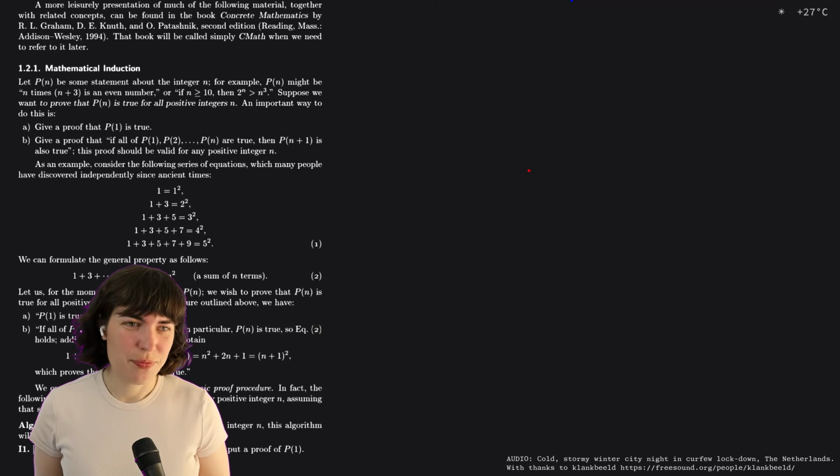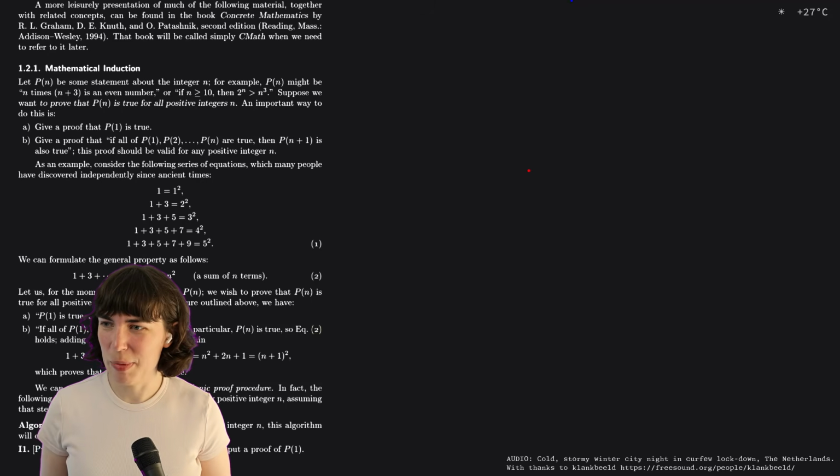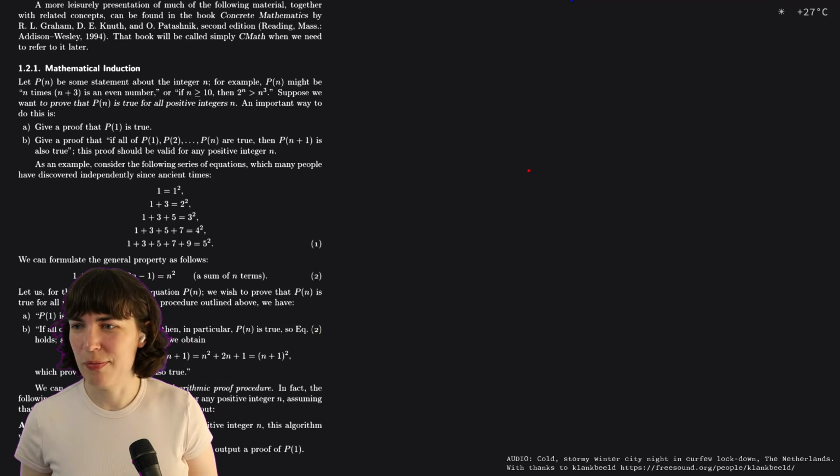Mathematical induction. Let P_n be some statement about the integer n. For example, P_n might be "n times (n plus 3) is an even number," or, "if n is greater than or equal to 10, then 2 to the power n is greater than 3 to the power n."